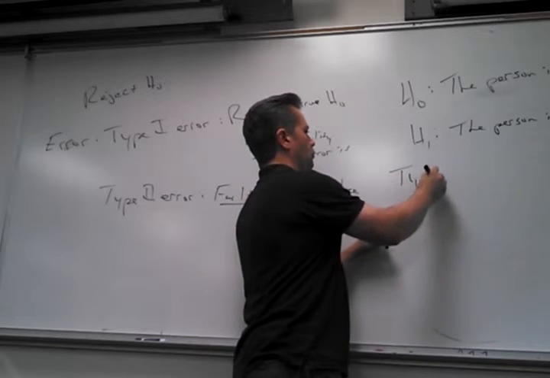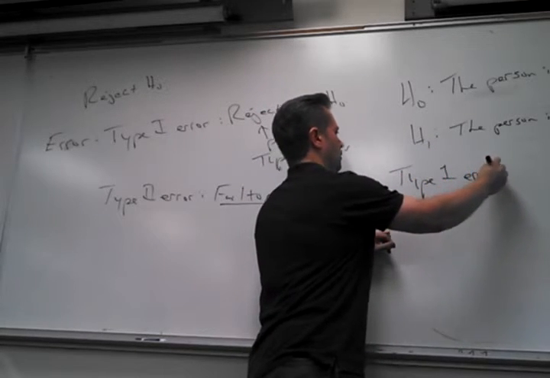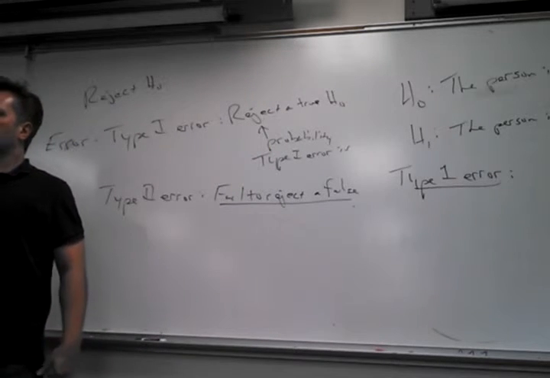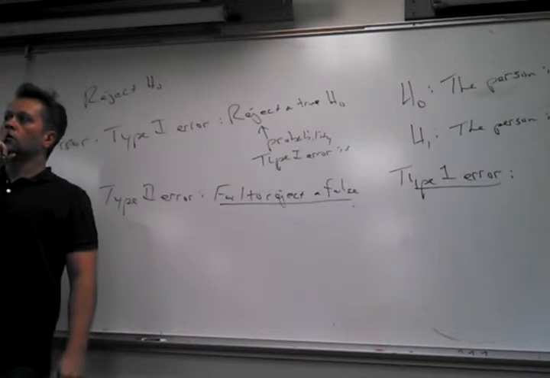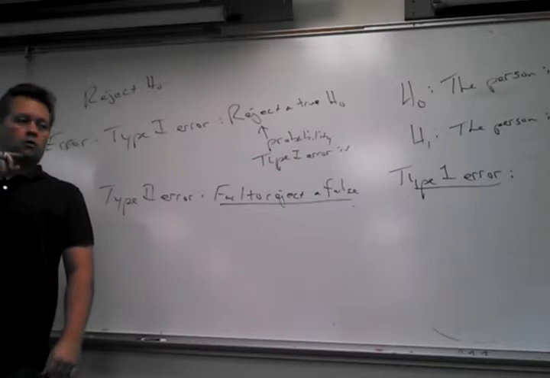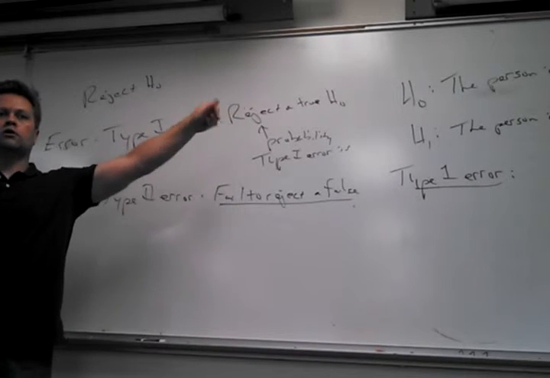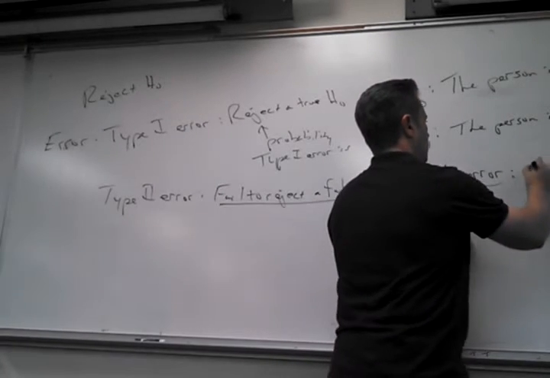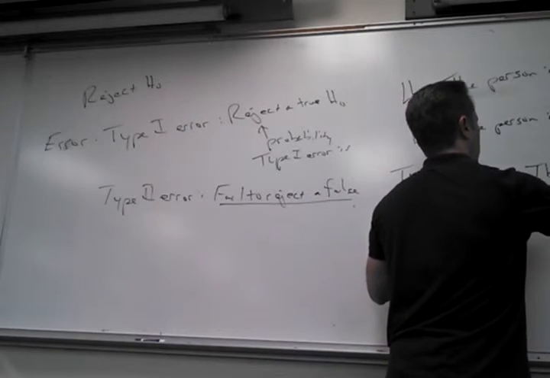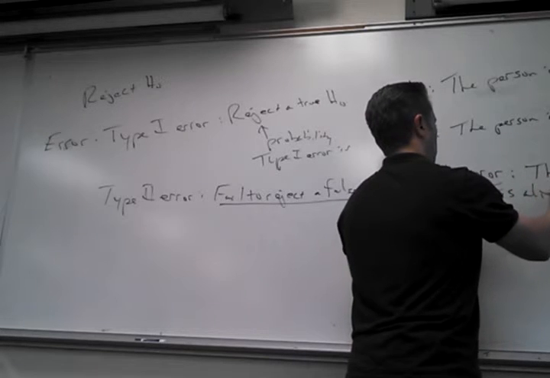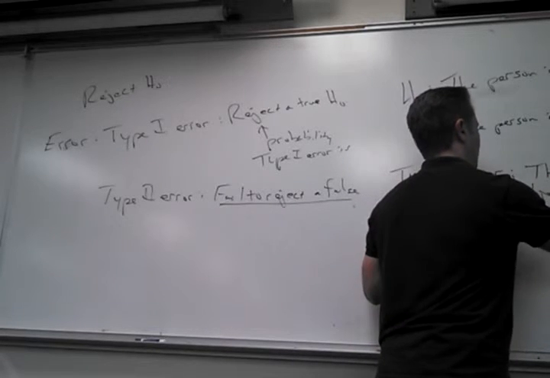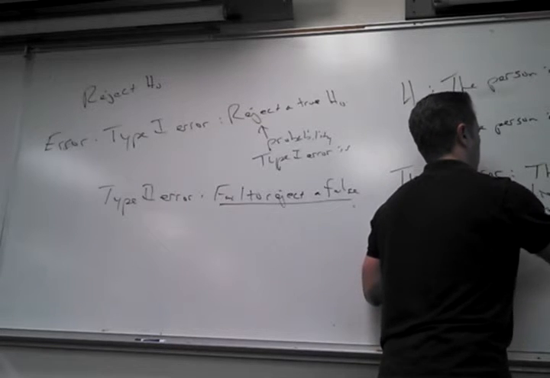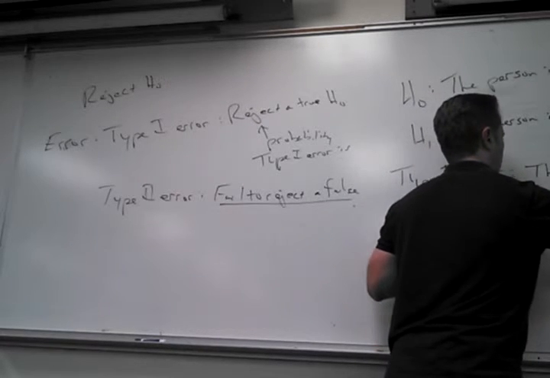So what would a type 1 error mean? We reject a true null. So what's actually true? They're alive. So the person is alive, but we think they're dead.